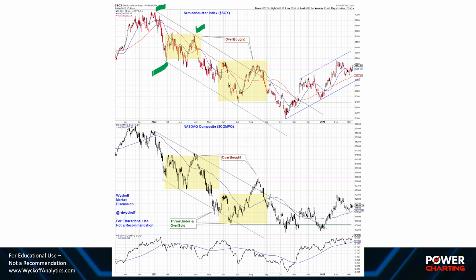Note the stride, an attempt to rally above here and then down to a low, but note this low and this low do not achieve the lower boundaries of the downward stride of the channel. But there are some very important things going on here because we want to compare this to the Nasdaq comp. On the Nasdaq comp, we set the downward stride in roughly the same places.